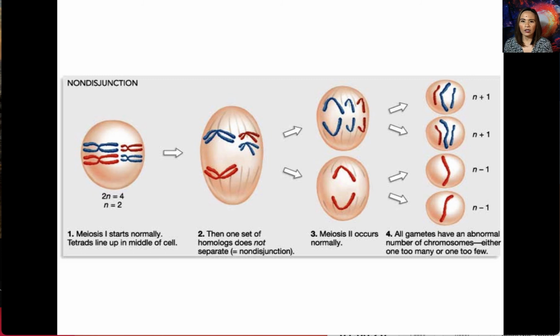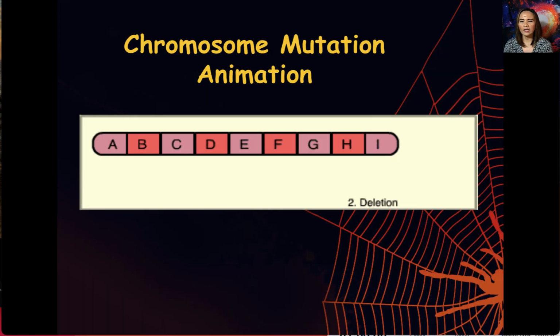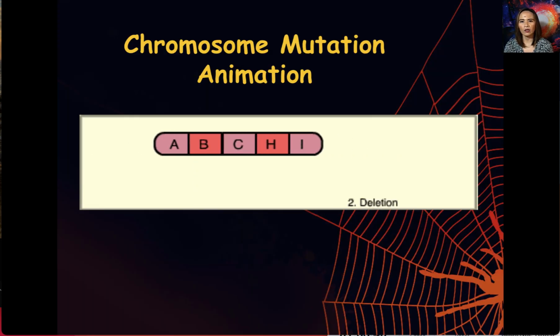Nondisjunction, like I said, normally happens in meiosis, so this is an example of meiosis. I'm not going to get into the detail, but this causes a missing chromosome in the genome of humans.